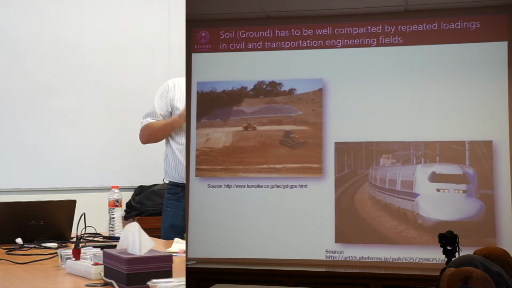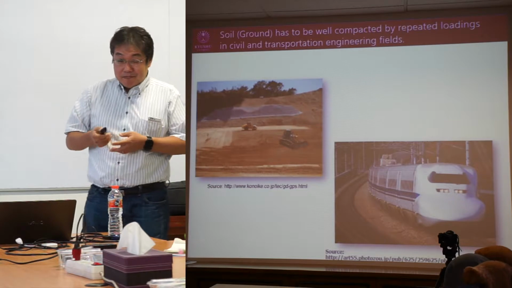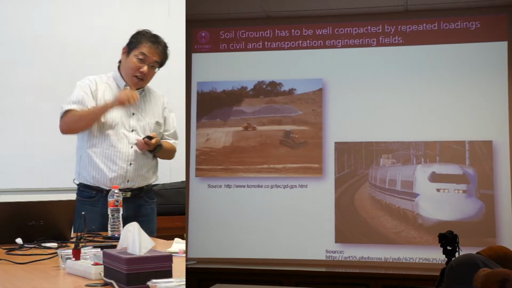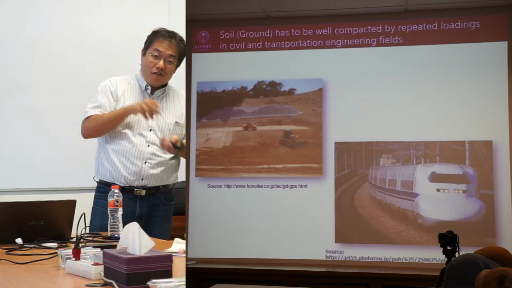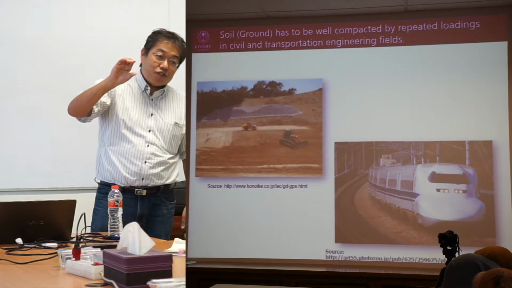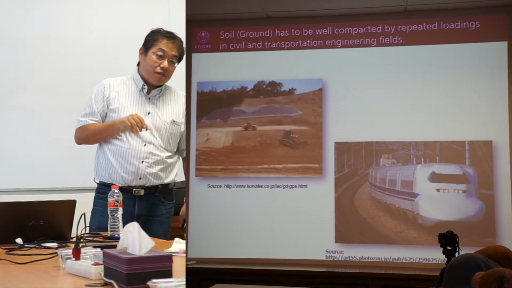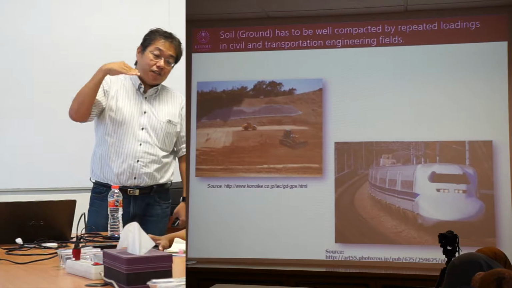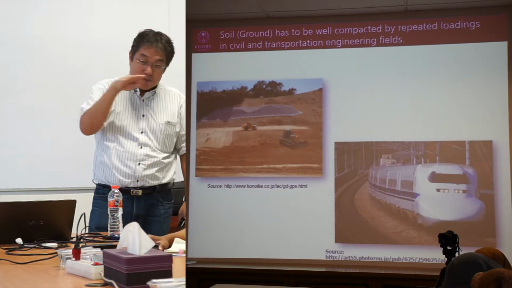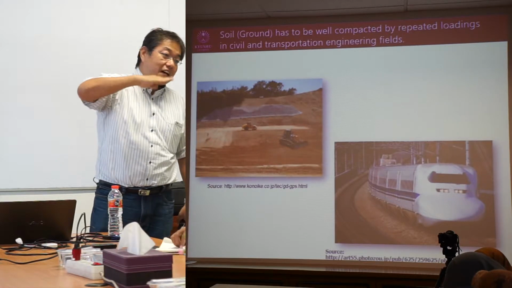The rock mass, as the number of passes of the Shinkansen increases, is gradually compacted. In that case, the shape is changed a little bit. This change of shape influences the vibration of the Shinkansen.